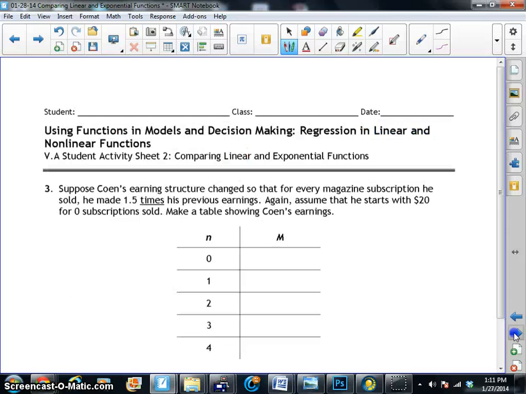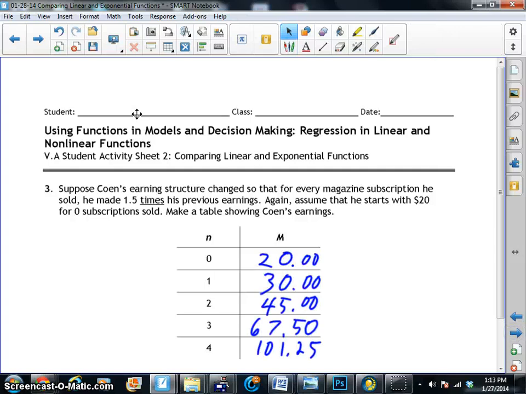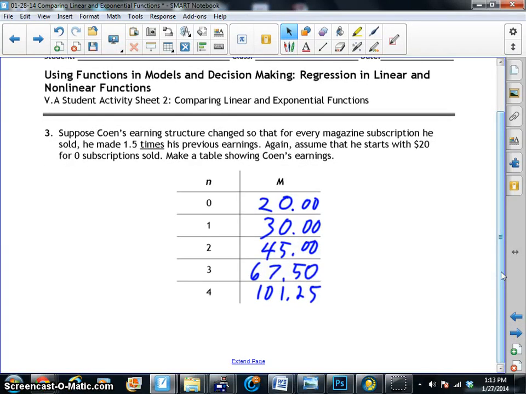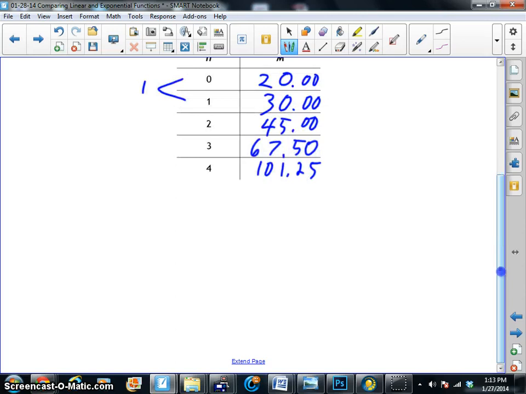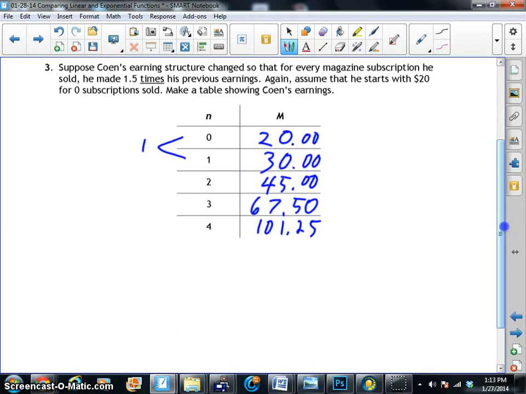Now we have this right here, and just take one second here. I'm going to fill in this table. Okay, and right here we have a new rule. I filled in this table, as basically his previous earnings increased by multiplying by 1.5. And as we add 1 to this particular thing, we are multiplying by 1.5.